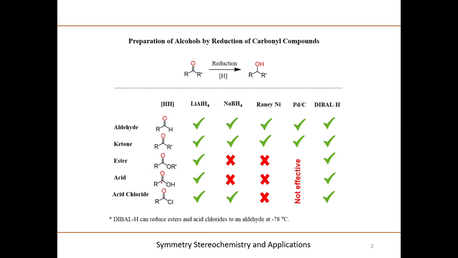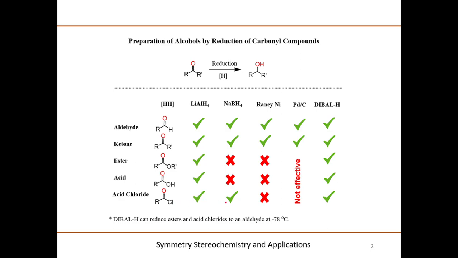Now let's talk about the acid. Acid is reduced by lithium aluminum hydride to alcohol, but sodium borohydride, Raney nickel and palladium charcoal are not able to convert the acid to alcohol. But DIBAL-H can reduce acid also at different temperatures. Acid chloride is also reduced by lithium aluminum hydride.